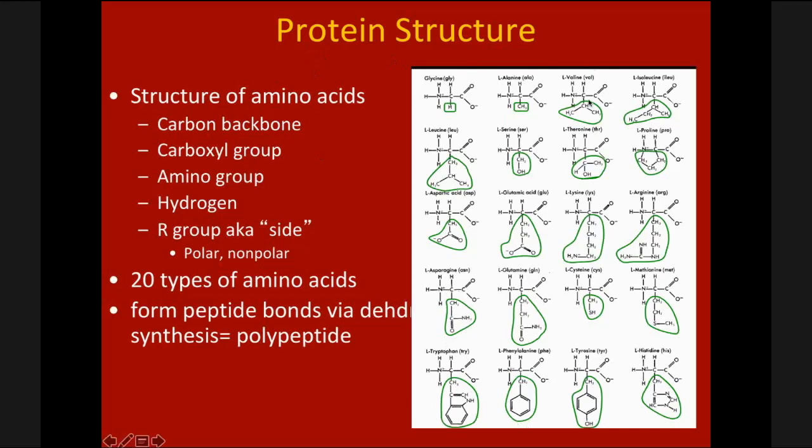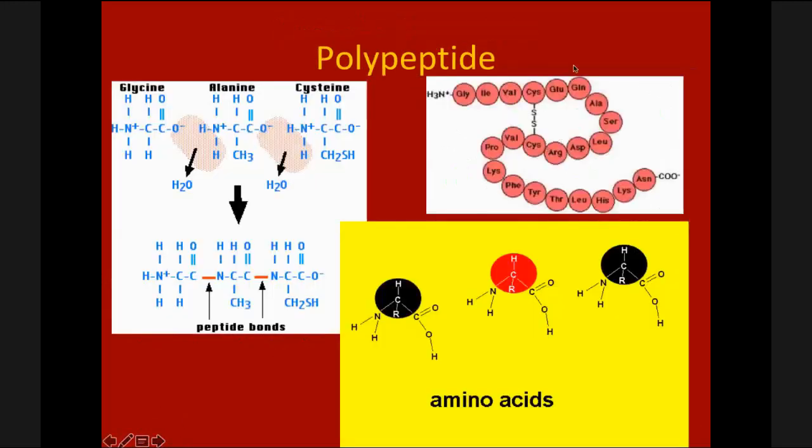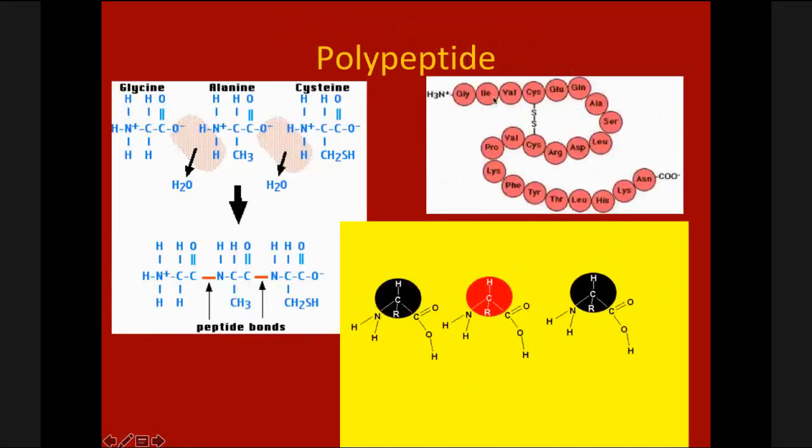When you build a protein, you use dehydration synthesis, and you get what's sometimes called a polypeptide, the long chain of amino acids. The bonds between amino acids are sometimes called peptide bonds. You don't need to worry about that term for our purposes, but in case you're going on, you want to know what a polypeptide is.